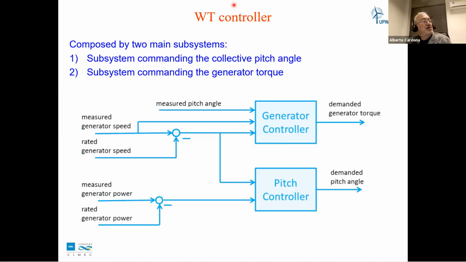The controller has essentially two subsystems: one which controls the generator torque, and the other which controls the pitch angles of the blades. In terms of the measured generator speed, the pitch angles, and also some values of wind, the controller decides what the generator torque and the pitch angle should be, so as to give the correct value of power.